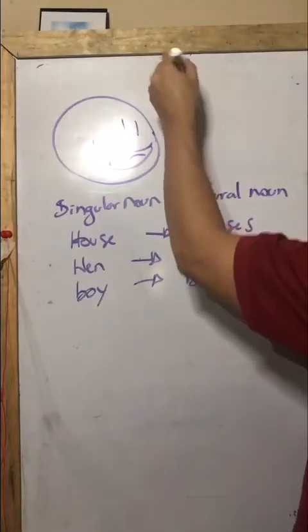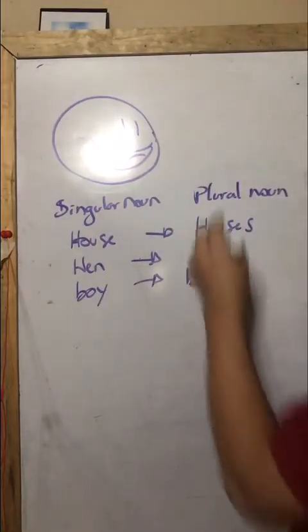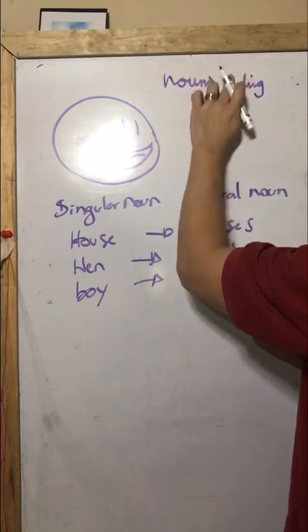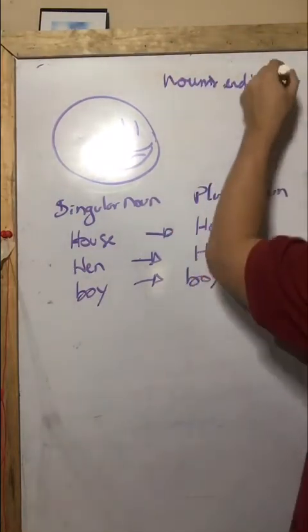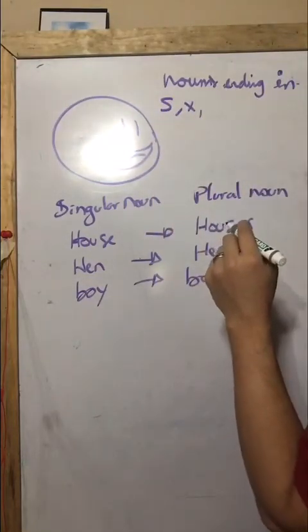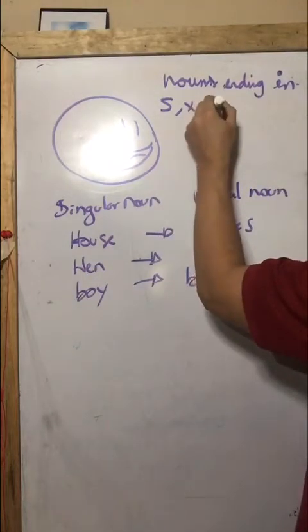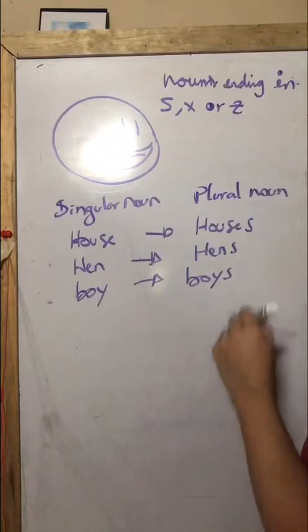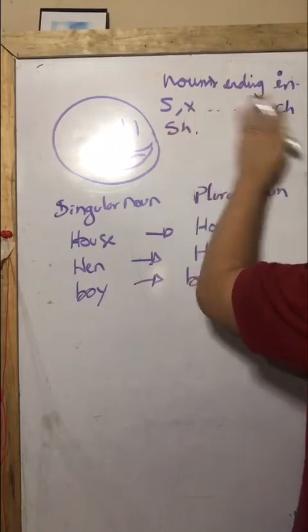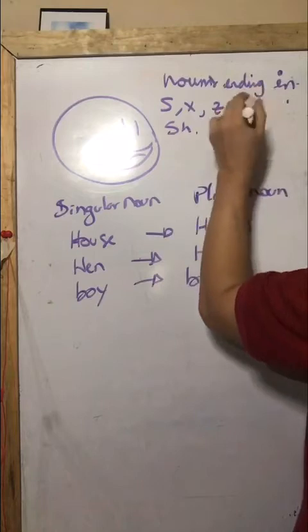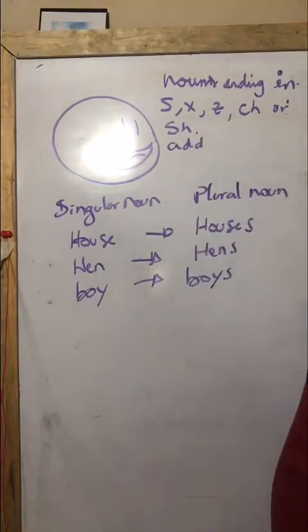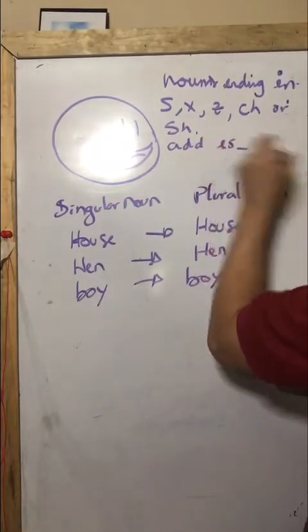Okay, so I have in there nouns ending in S, X, or Z, or CH or SH, add ES to make it plural.